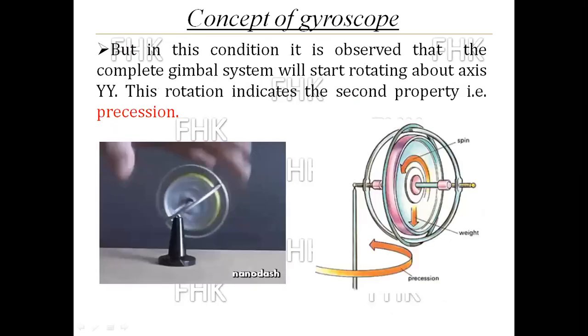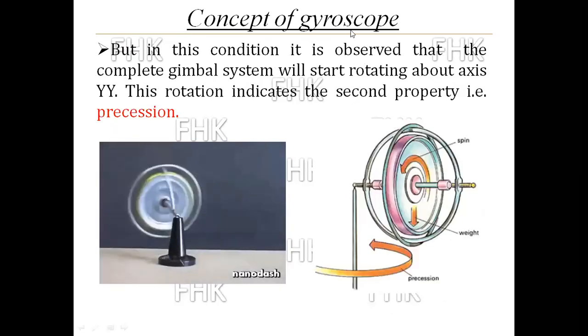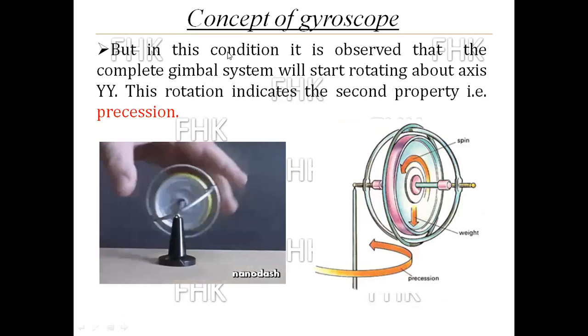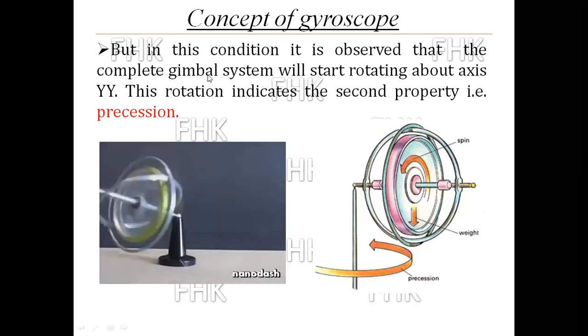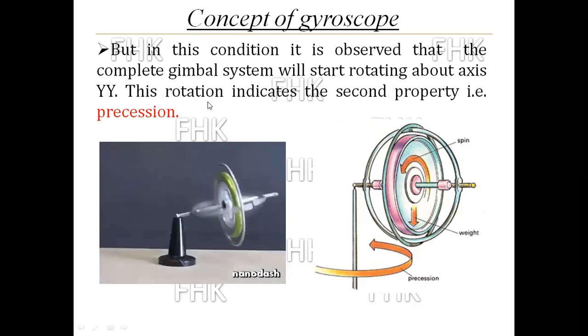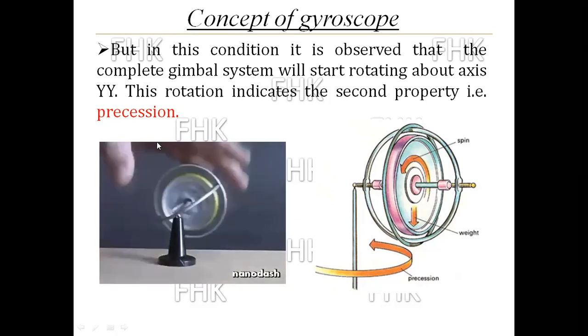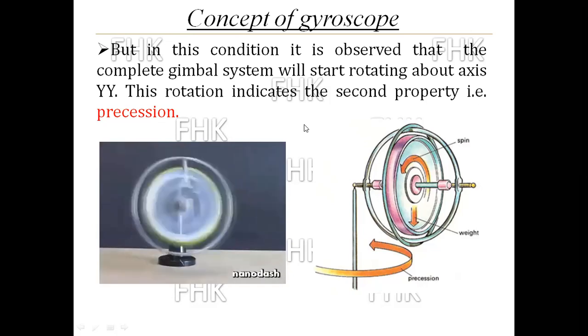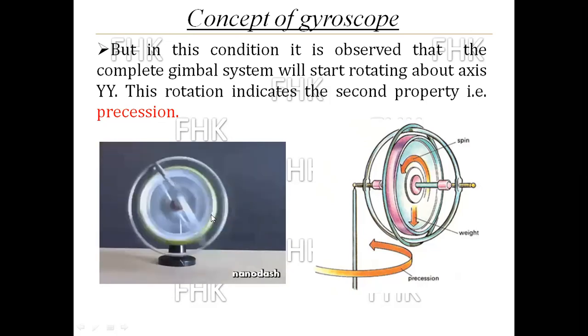At the same time, you can observe that the complete gimbal system will start rotating about axis YY. This rotation indicates the second property, which is called precession.